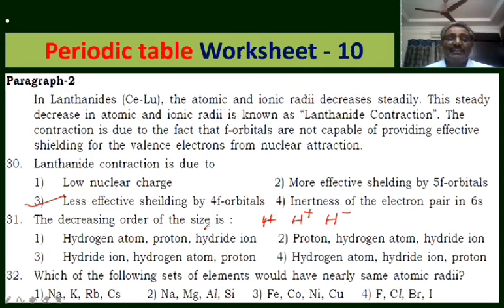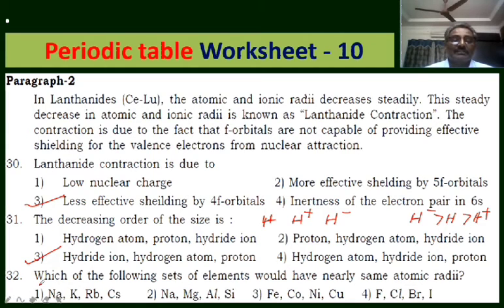For the decreasing order of the size, we know that an anion is bigger than a neutral atom, which is bigger than a cation. So the order should be H minus greater than H greater than H plus. That is, hydride ion is greater than hydrogen atom, which is greater than proton. Proton is H plus. So the third option is the right option here.